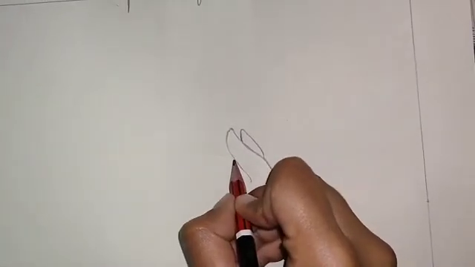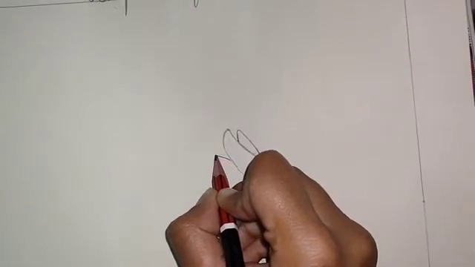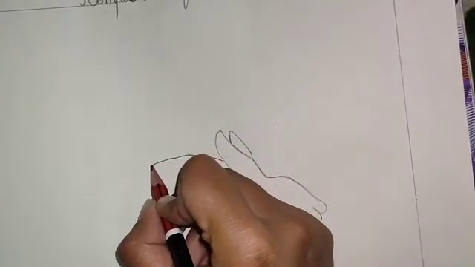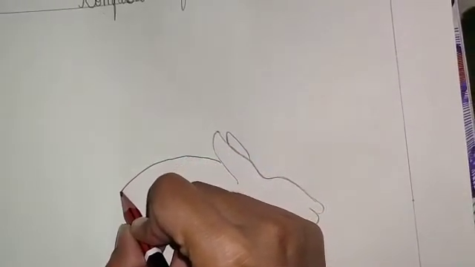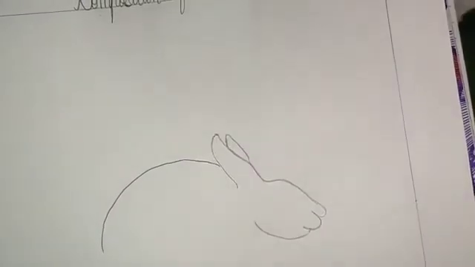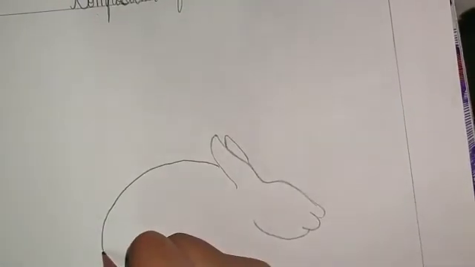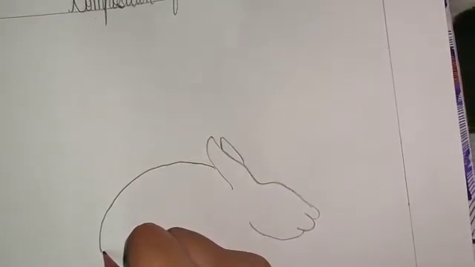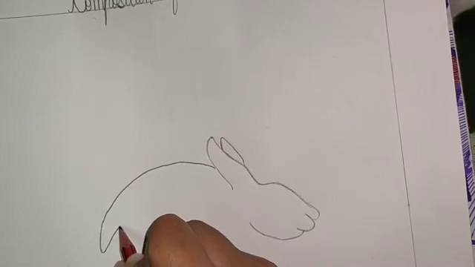For that we will draw one big curved line, like this. Then we will turn this line upwards for making the tail.